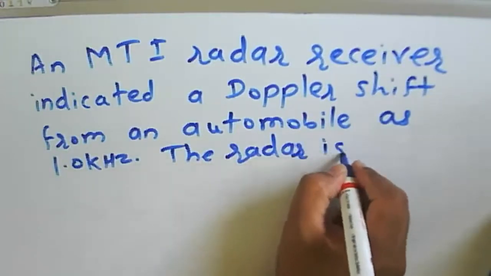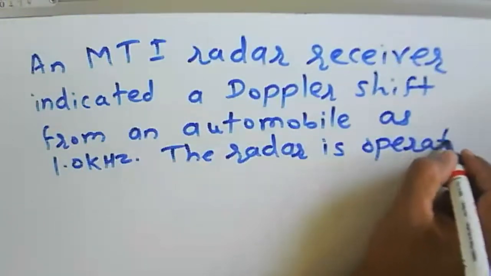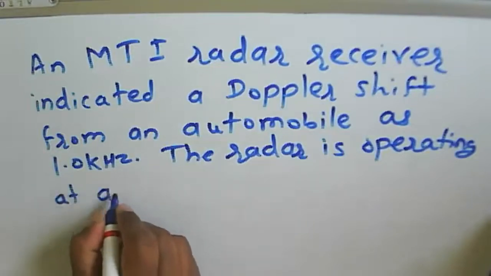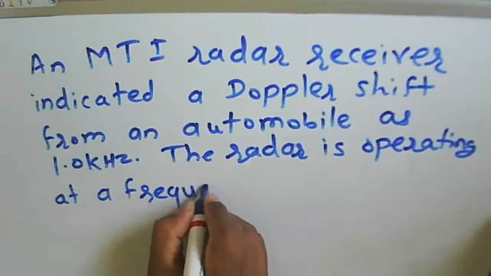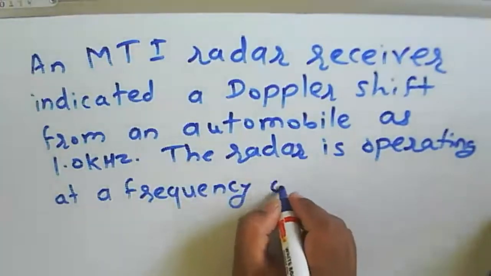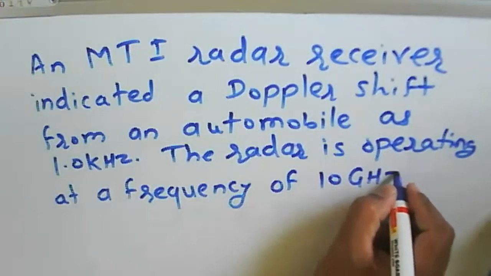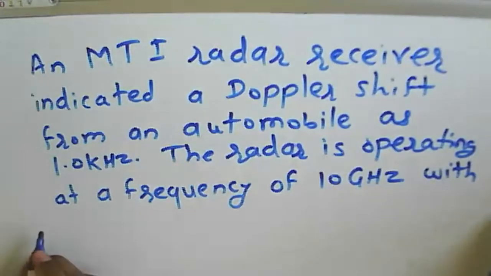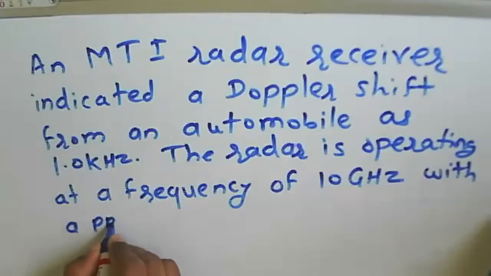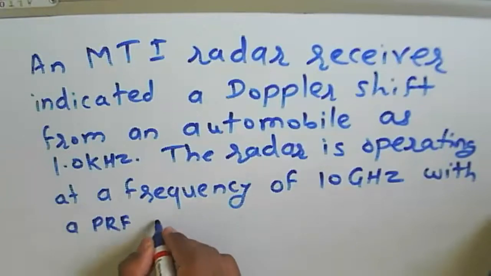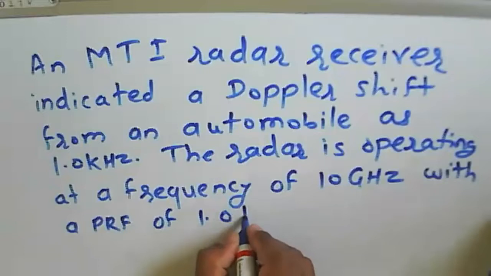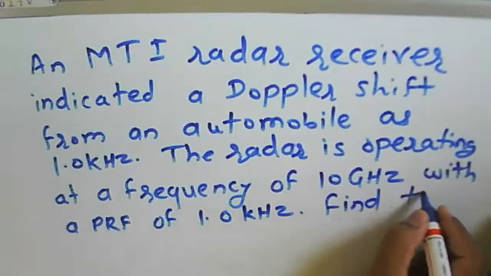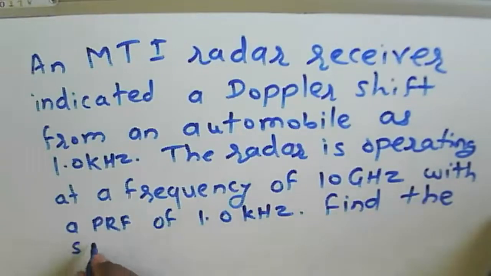The radar is operating at a frequency of 10 gigahertz with a PRF of 1.0 kilohertz. Find the speed of the automobile.